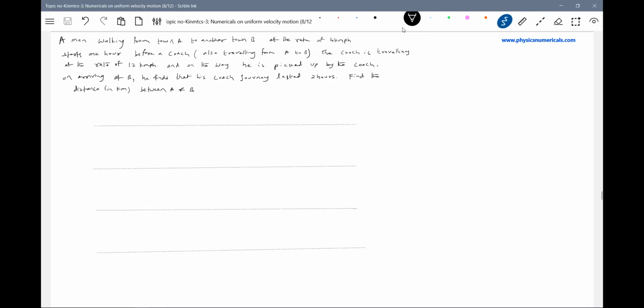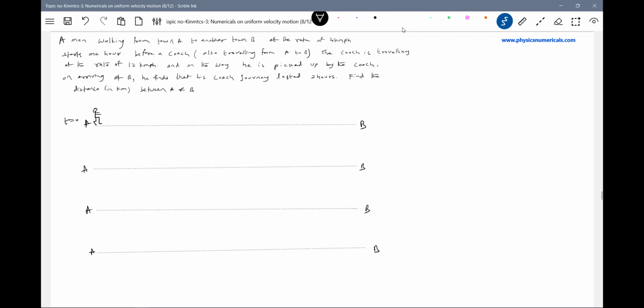This is the easiest way of working physics numericals. These are the two places, A and B. It is asking the distance between them. So at t equals 0, the man here will start walking.